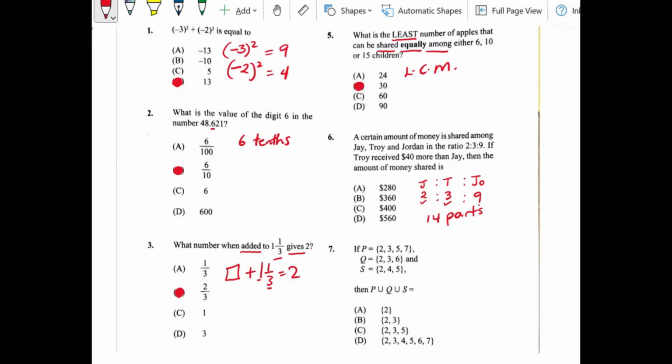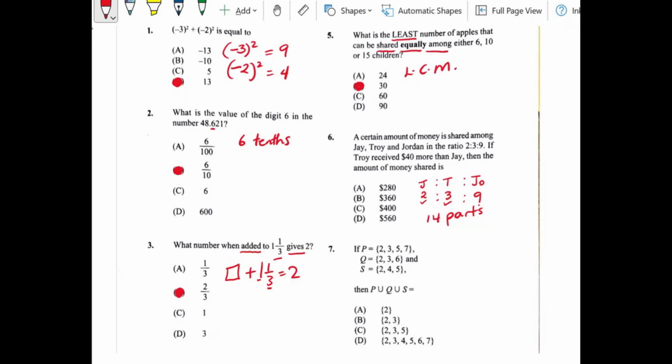Jay has one less part than Troy because it is as though we're going to take the money and divide it into 14 equal parts, and we're going to give Jay 2 parts, we're going to give Troy 3 parts, and we're going to give Jordan 9 parts, right? And when we do that, Troy is going to end up with $40 more than Jay.